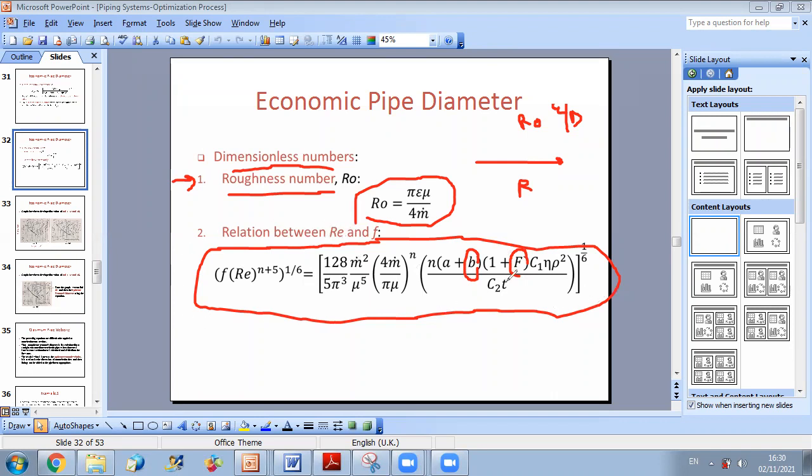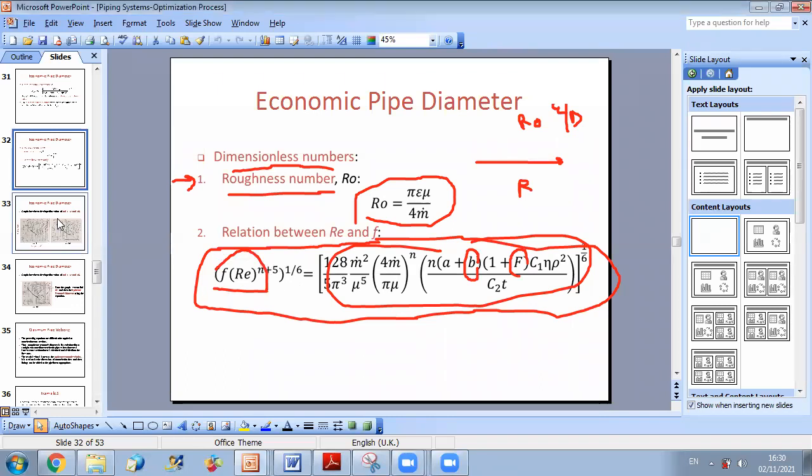What you should know is that knowing these parameters will allow us to find a relation between the friction factor and the Reynolds number. So now, from here, the idea is to draw the following chart.